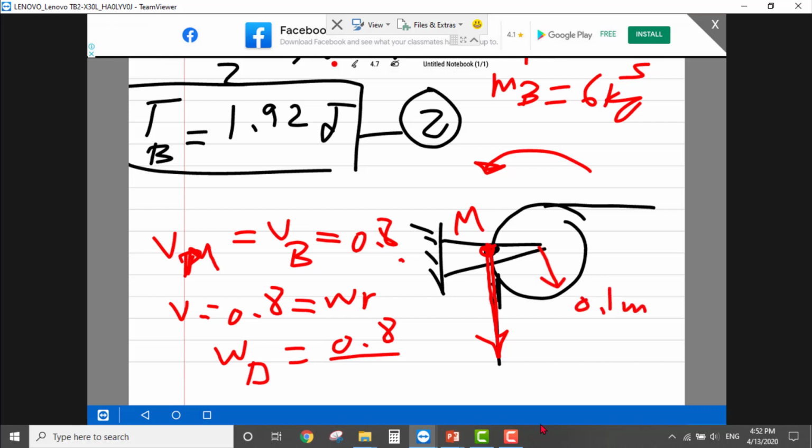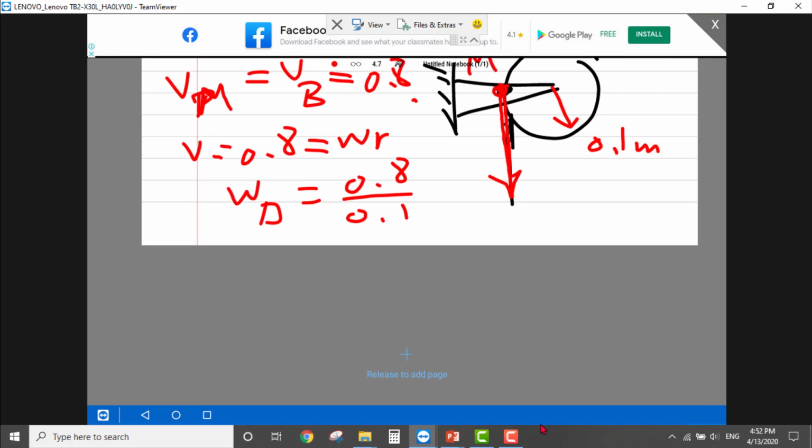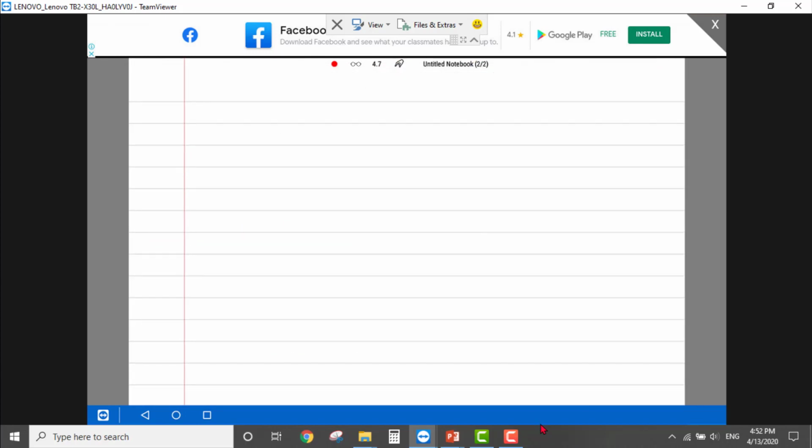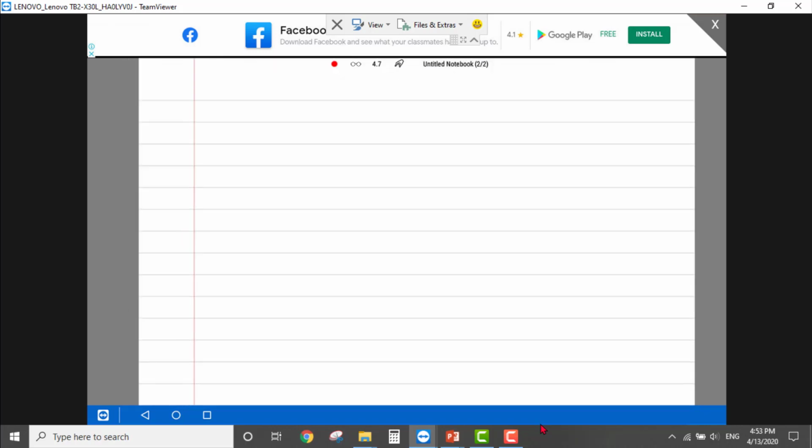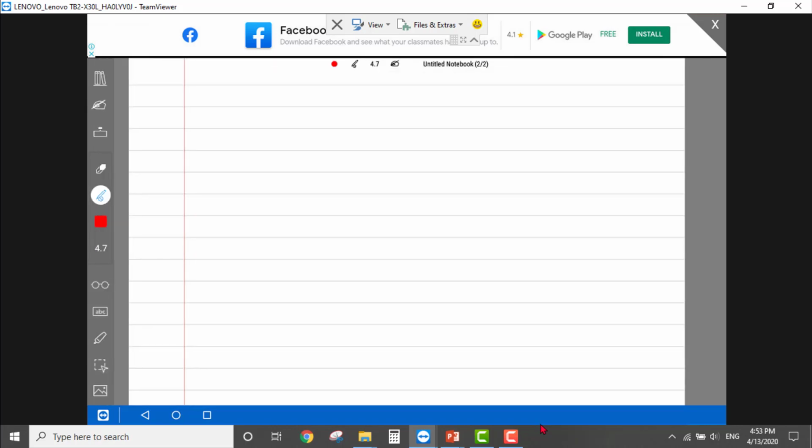So this is divided by 0.1, and from here, let us go to the new page and use my calculator. Omega D equals 8 rad per second.